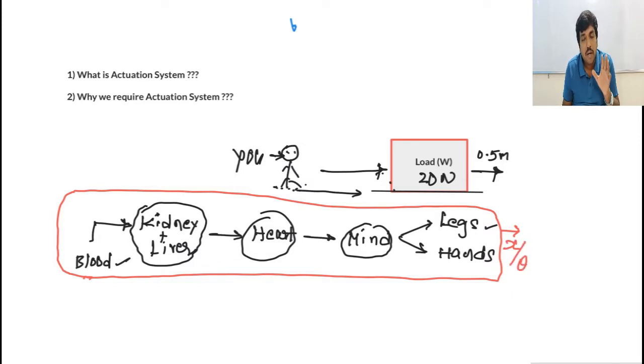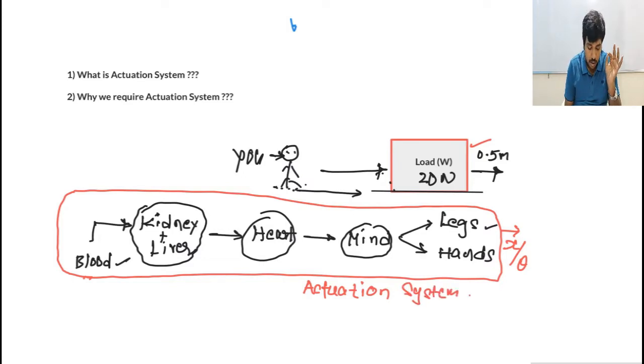So our final aim is to push this load, or sometimes we may need to rotate the load. To do all these things, all these organs participate in this task. All these organs together are called the actuation system. I hope you understood clearly now. All these parts together are called the actuation system.